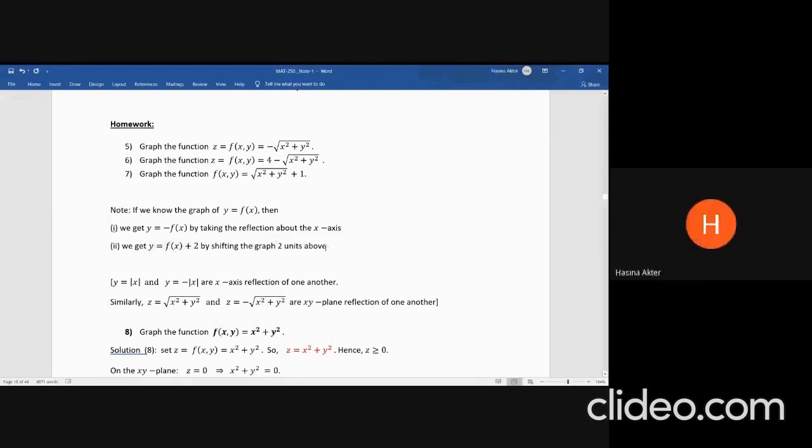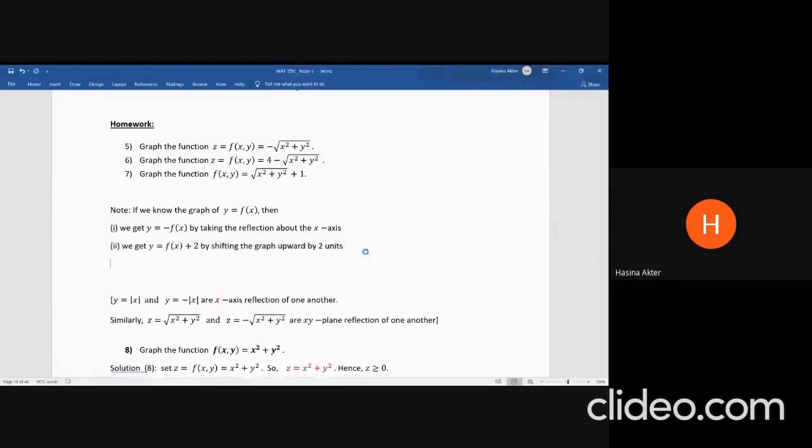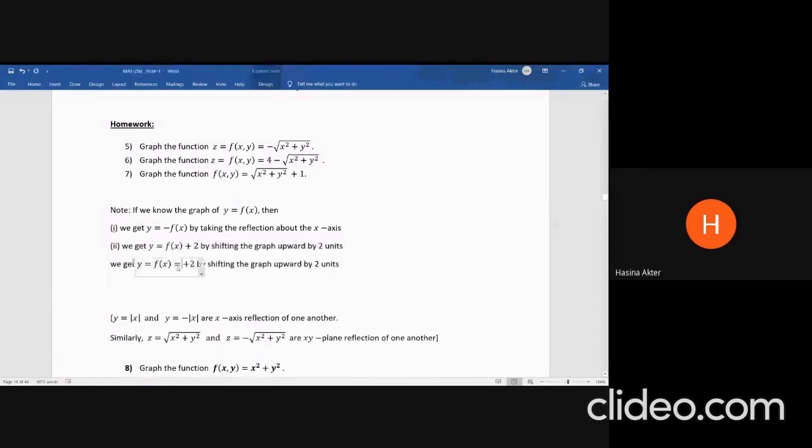Two units along the y-axis, actually 2 units upward. Shifting the graph upward by 3 units. What about now?